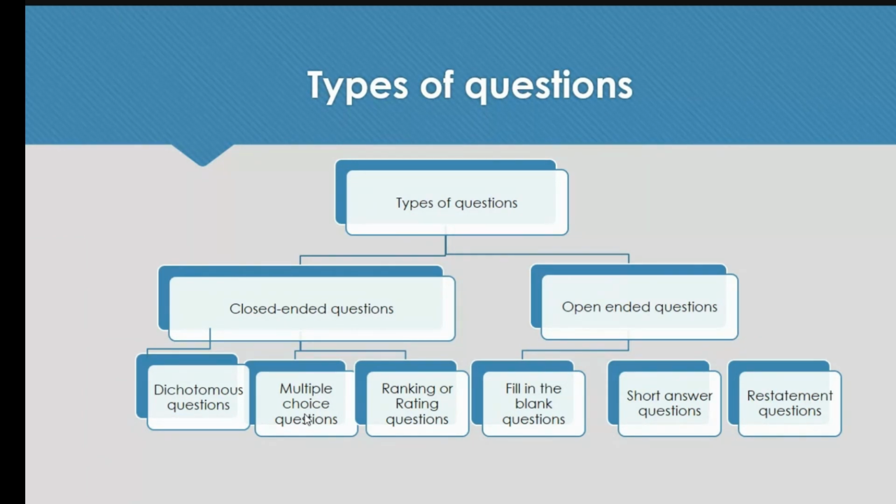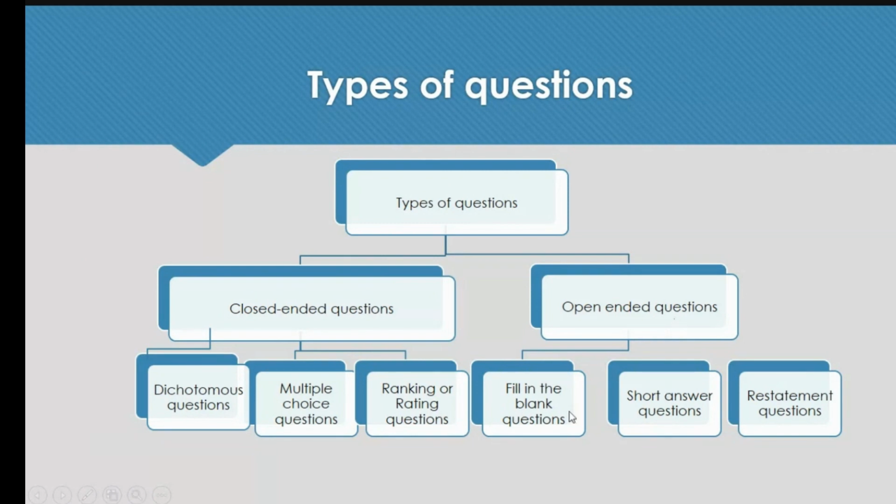Let us look at what the different types of questions are. They are divided into two: closed-ended questions and open-ended questions. Under closed-ended questions, we have dichotomous questions, multiple choice questions, and ranking or rating questions.